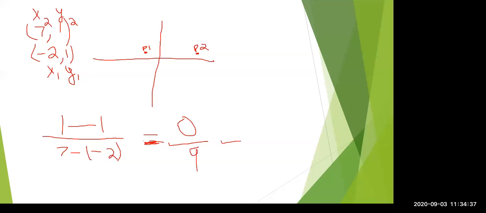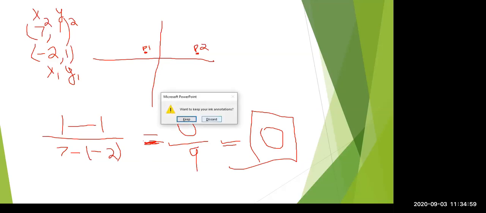So 0 divided by 9 gives you 0. That's why what Prisha said, that the slope is 0, is correct. If you just do the simple formula, you'll find that the slope is 0. Parisa, do you want to say anything else?